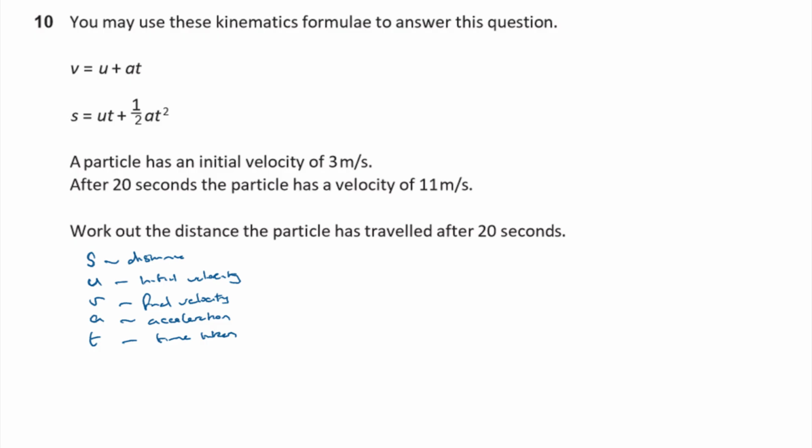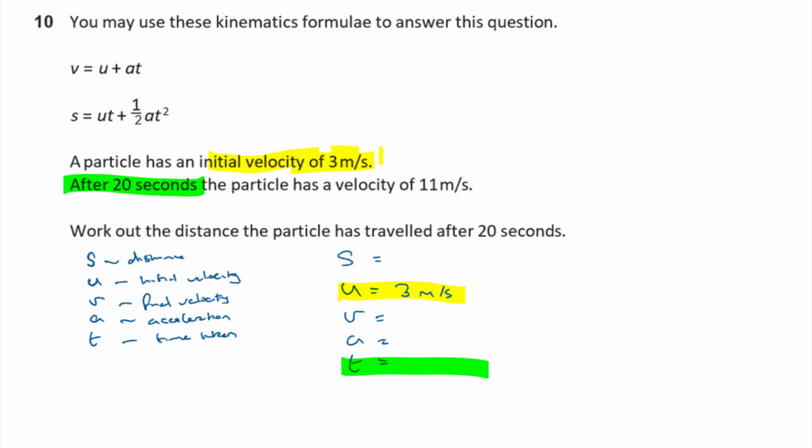So what I usually do with these questions is I write the anagram down like this, SUVAT, and then I see what I've been given, and then what I need. The particle has an initial velocity of 3 meters per second. That's the u of the SUVAT, isn't it? So that is 3 meters per second. After 20 seconds, so that's t, isn't it?